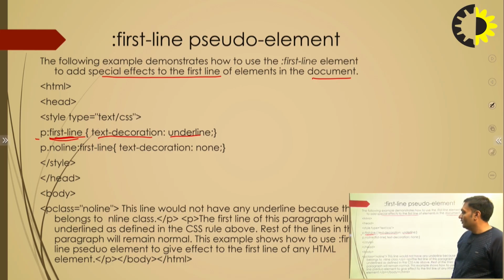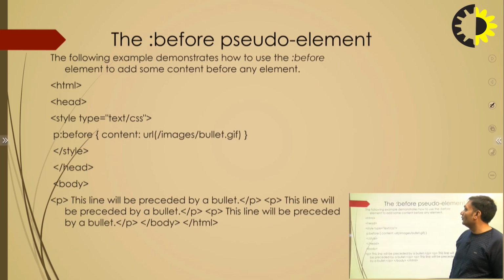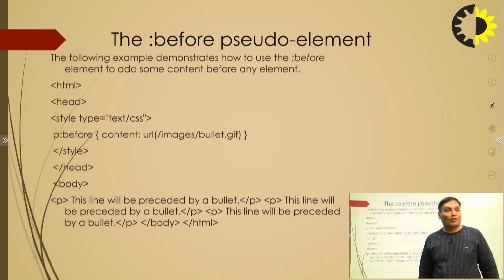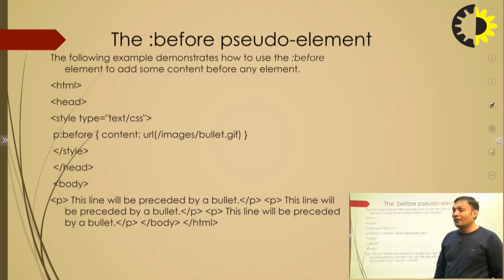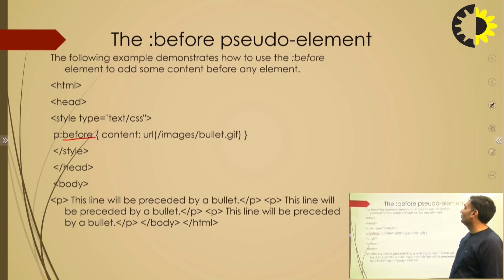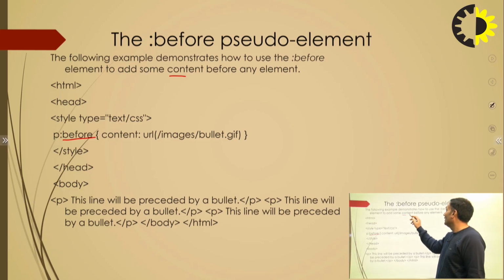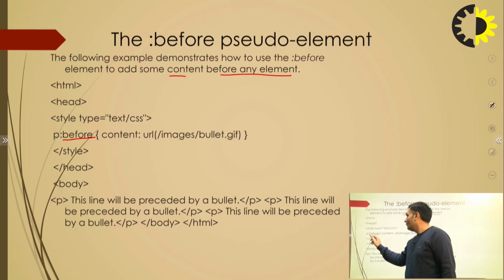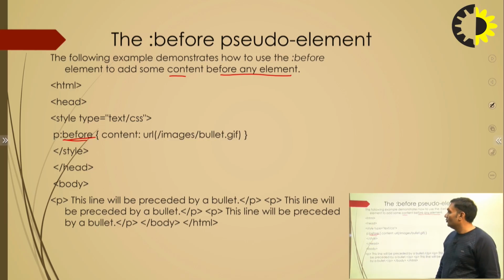Before pseudo element. The before part of a paragraph can be changed with the p colon before pseudo element. So to add some content or style some content before any element, we can use this before pseudo element.